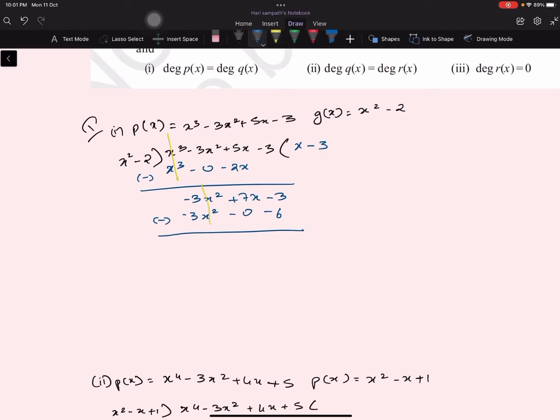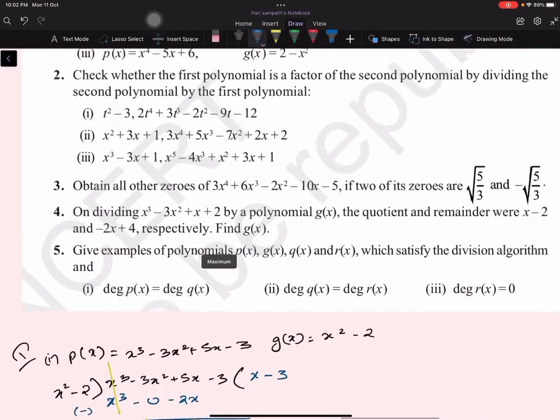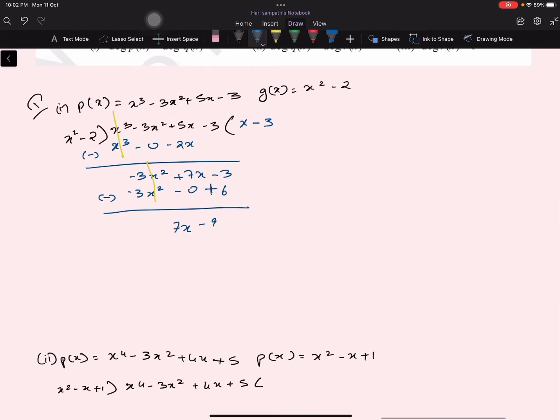This comes down in the same way, 7x, and this becomes 7x minus 9. We also have to find the remainder, and this is the remainder for this equation, guys. And this is the quotient for this equation.